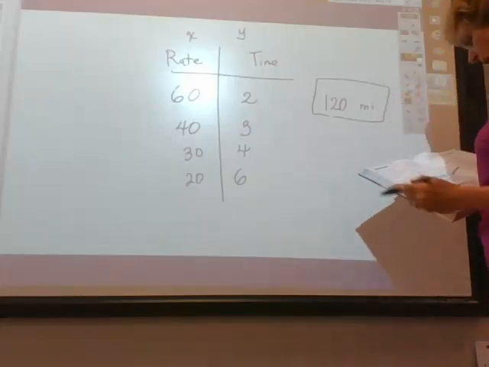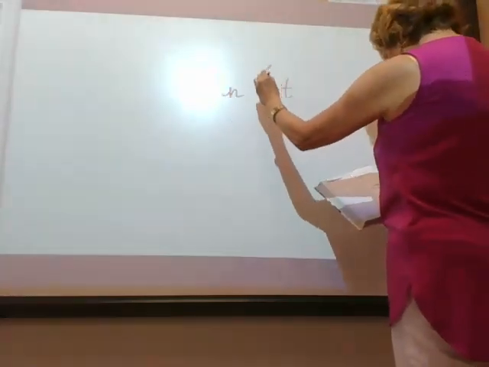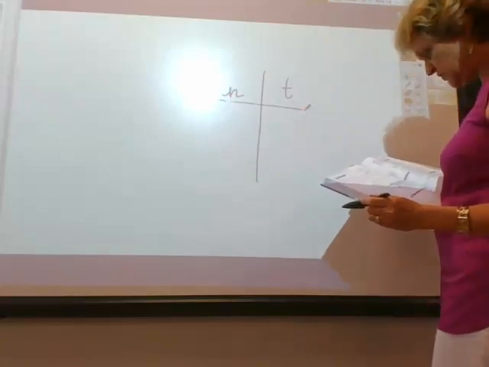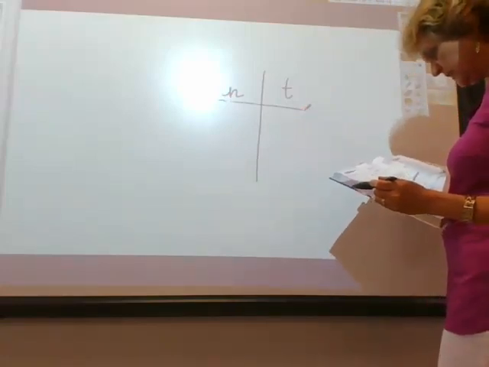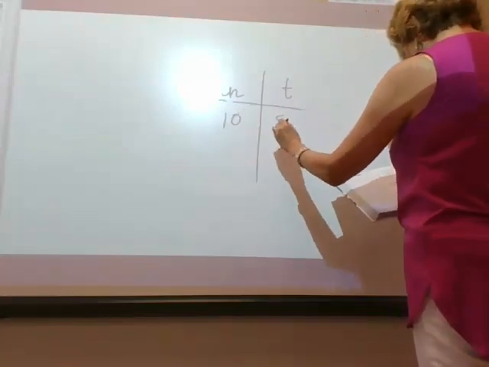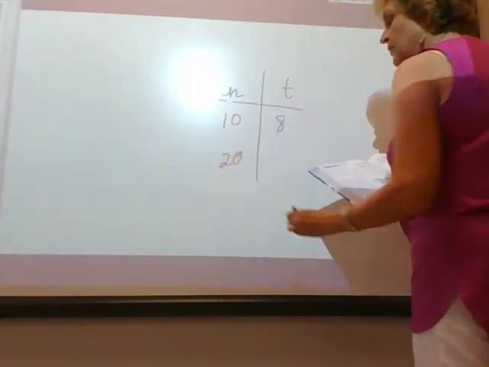All right, so let's look at example 2. It says robots are programmed to assemble widgets on an assembly line. The number of robots working, N, and the amount of time, T, it takes to make a fixed number of widgets are inversely proportional. If it takes 10 robots 8 hours, how long will it take 20 robots?